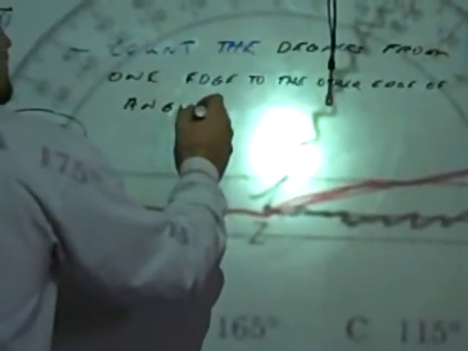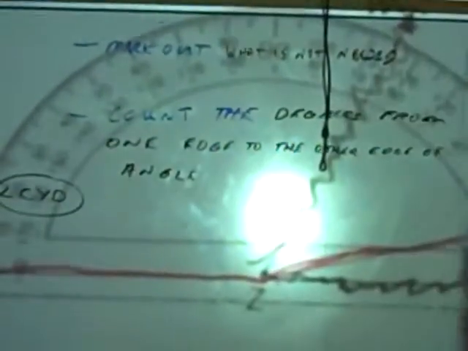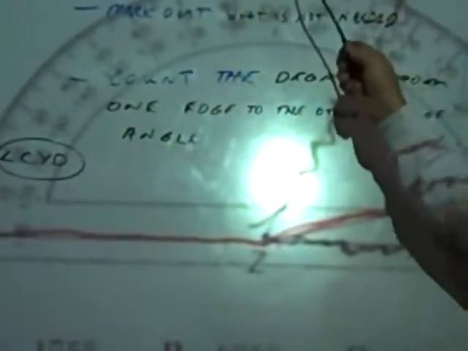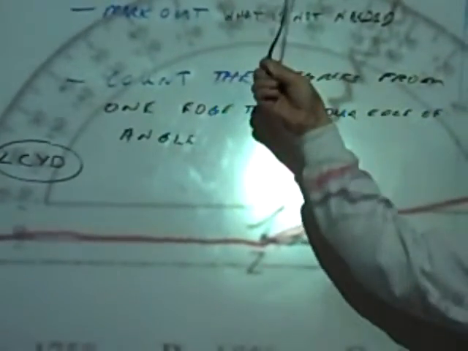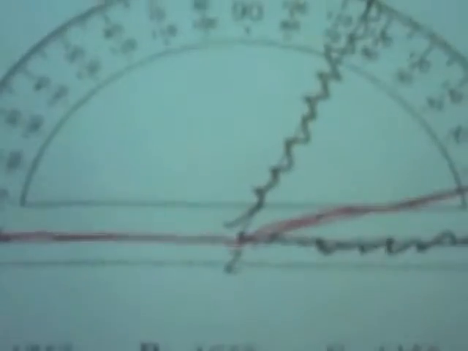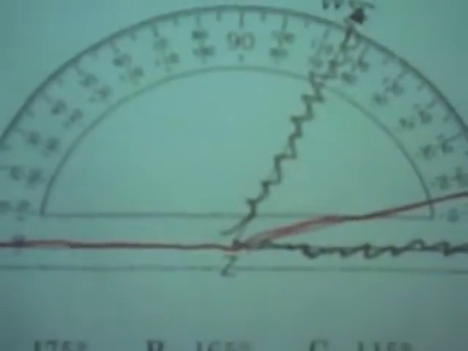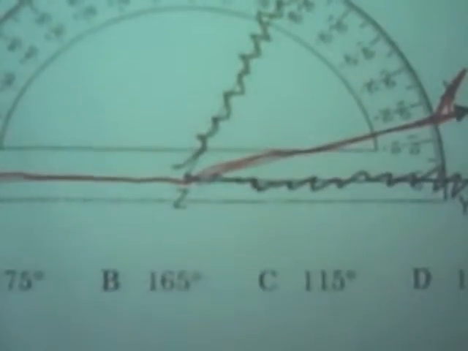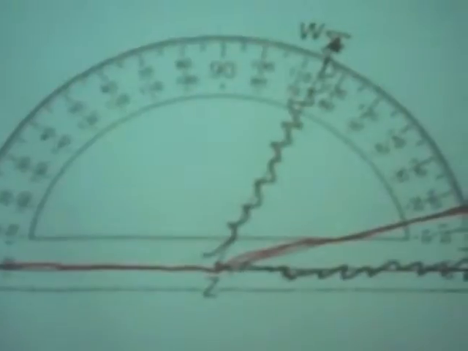Now, I'm not talking about the edge of the protractor. I'm talking about the edge of the angle. Remember we had edges of angles the other day in our definitions? We're talking about the edge of the angle to the other edge of the angle. I'm just showing you the easiest way to do this. That was not fun. All right, I got it that time.